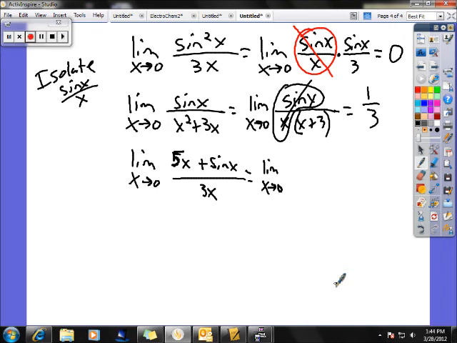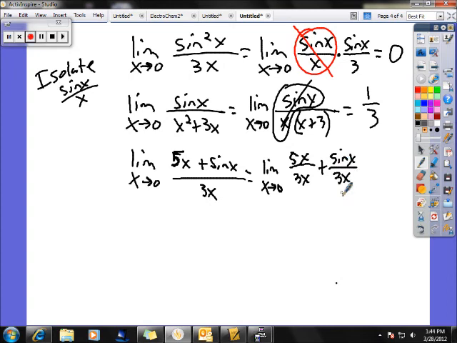Now, if you have one term in the denominator and two terms on top, you can just split that up. They both go over that denominator. When you add fractions, you keep the denominator the same. So you could rewrite this as 5x over 3x plus sine x over 3x.